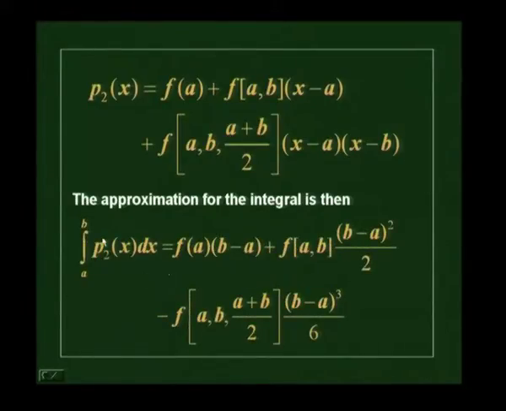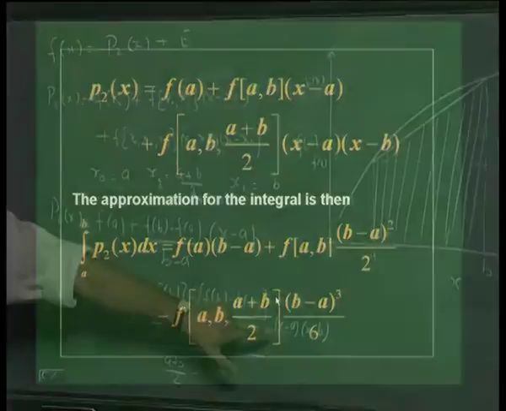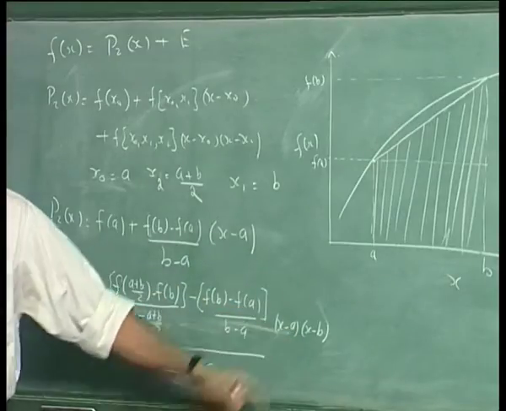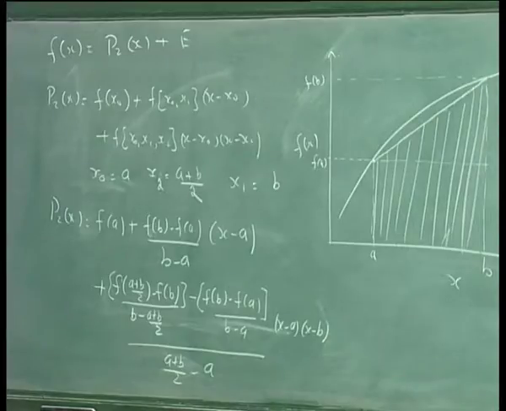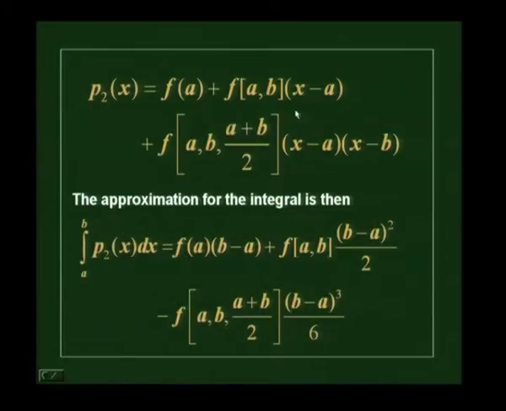If we do the integral, we will get b minus a whole square by 2, and then b minus a whole cube by 6 for the last term, where the integral of x minus a into x minus b gives us b minus a whole cube by 6. So we just integrate this function, and that's our approximation under Simpson's rule.